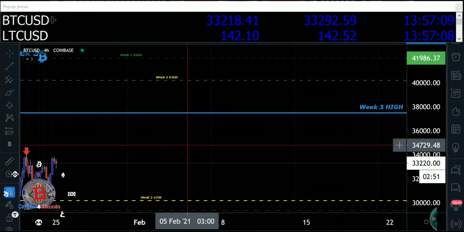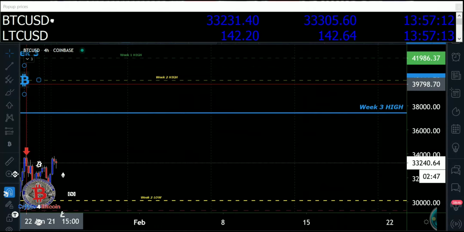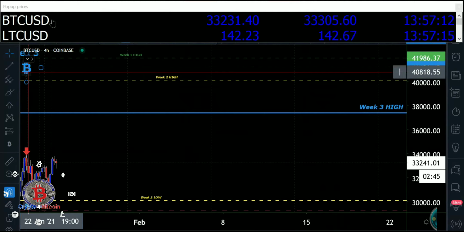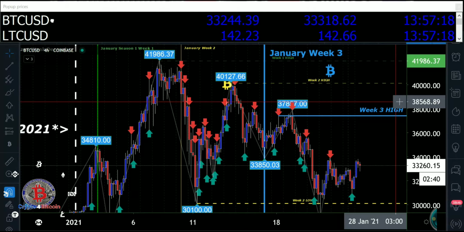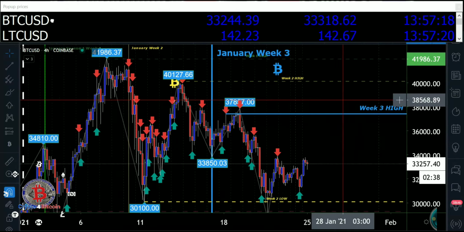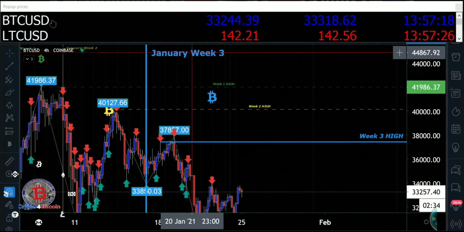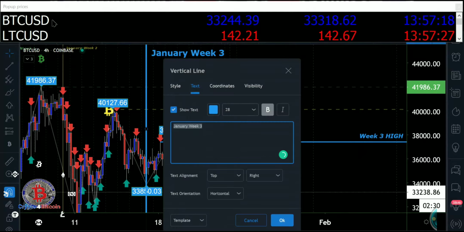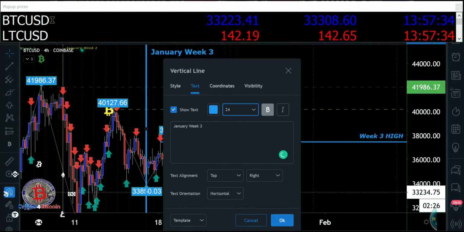So let's go ahead. I'm going to start from right here. I'm going to move this B because that B is in my way. So we go from green, yellow, blue. And this is color coordination with the weeks. We're going to drop this down a little bit. Also, at the same time, you're learning how to use TradingView.